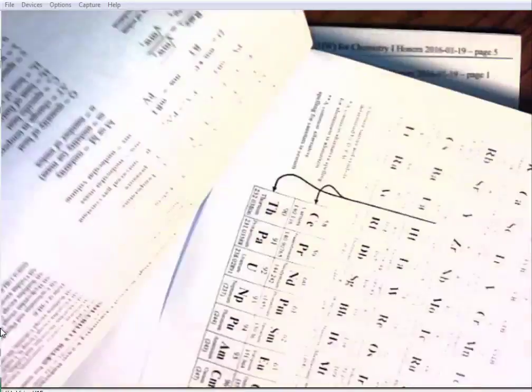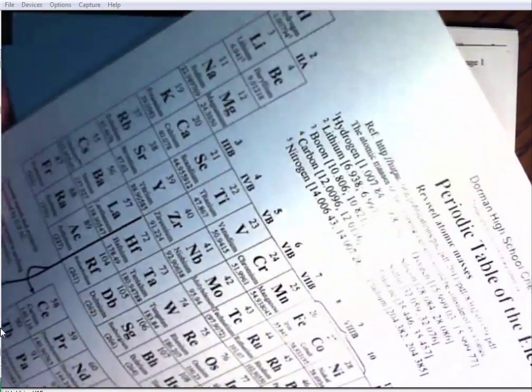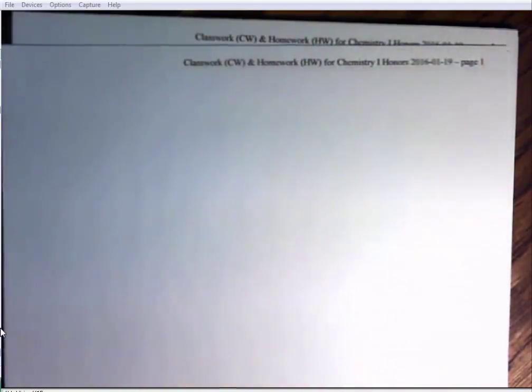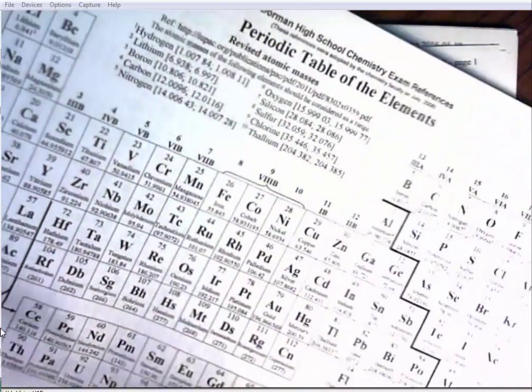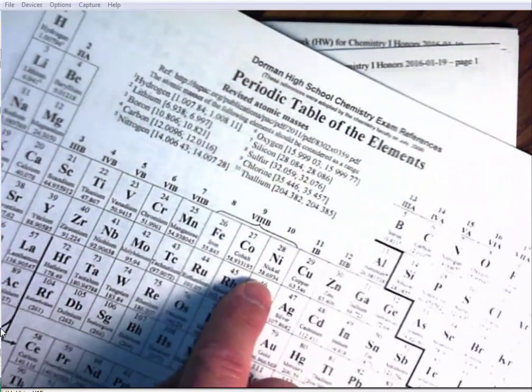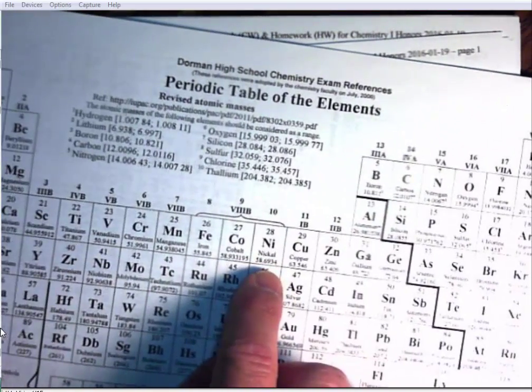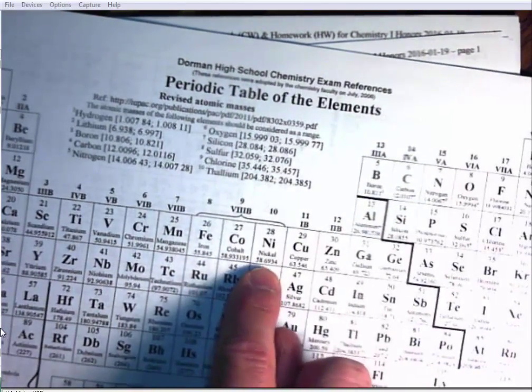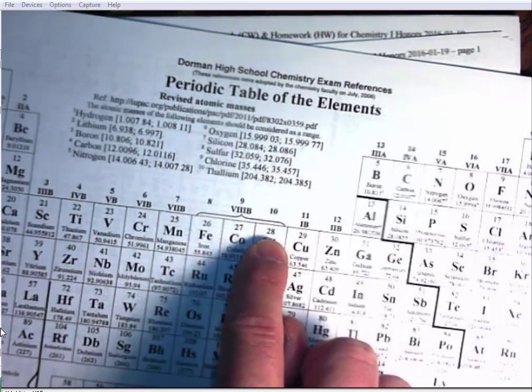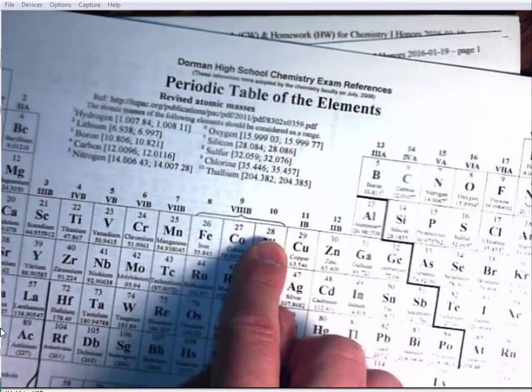But a more complete periodic table is found right here, and this has the average atomic mass worked out to a greater precision. Okay, so this is the atomic number that represents the number of protons. Elements are identified by their protons.